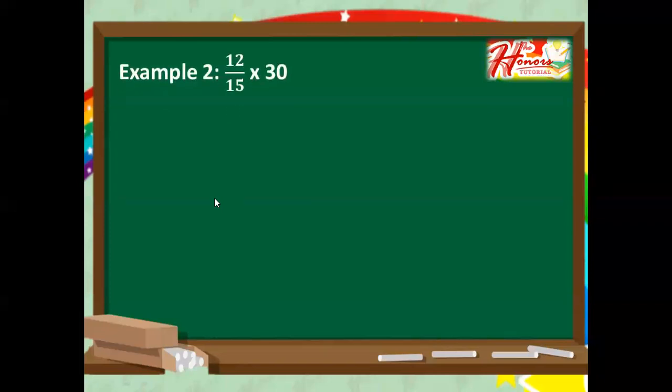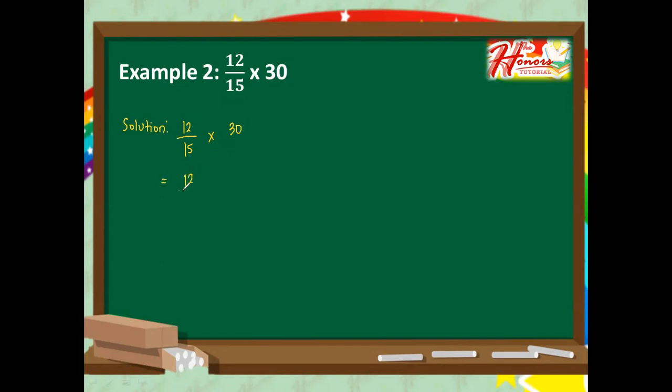We have here 12 over 15 times 30. So for our solution, we will be copying the given. That is 12 over 15 times 30. Then don't forget to change 30 into a fraction.